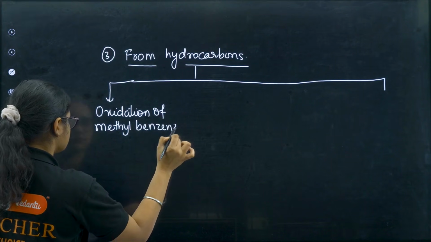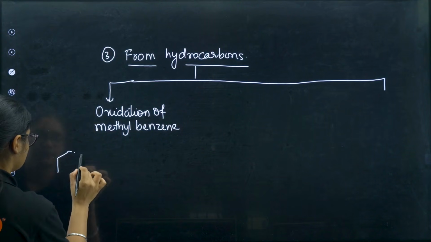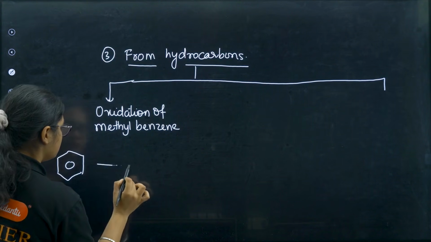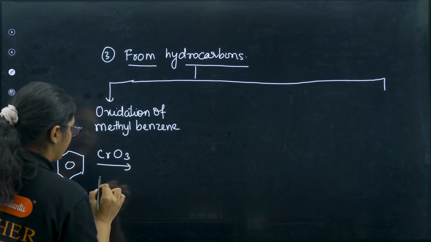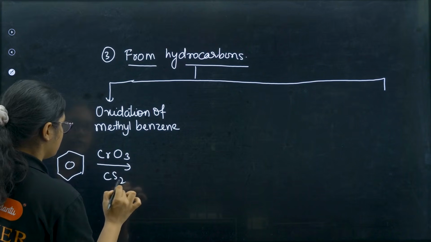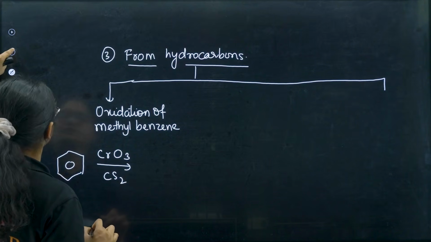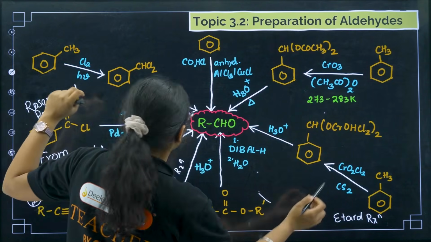I have here two methods for oxidation of methyl benzene. You take benzene, take CrO3 and CS2. One second, just a minute, it is CrO2Cl2.